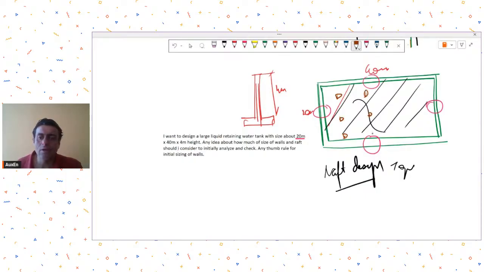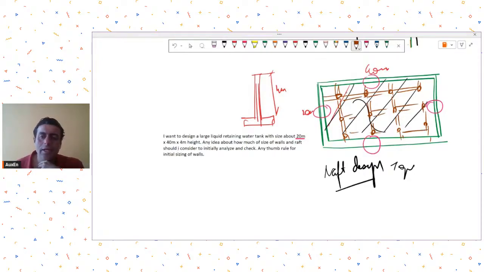That internal column grid will help you reduce the raft thickness, and it will also help support the top slab. So walls are not as big a problem as your top slab and raft design is going to be.